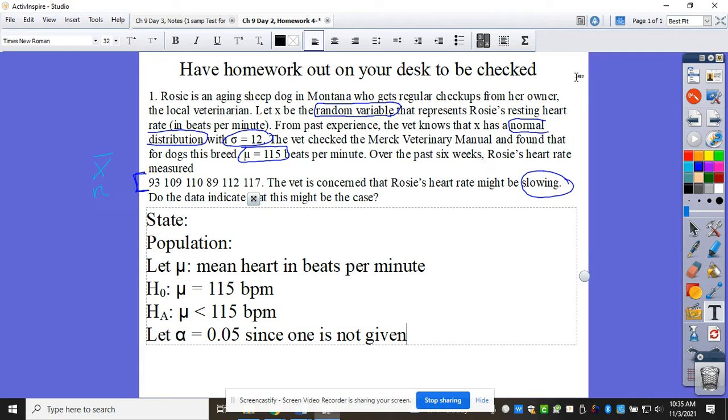I always write that, so I'm saying I didn't just find this somewhere. So if one's not given, I always write "since not given." By default, unless told differently, and if it doesn't give us one, we're just going to use 0.05.